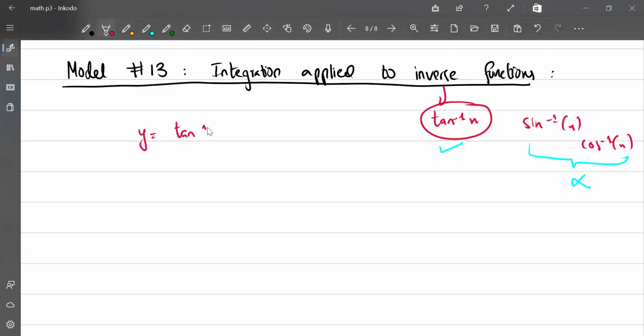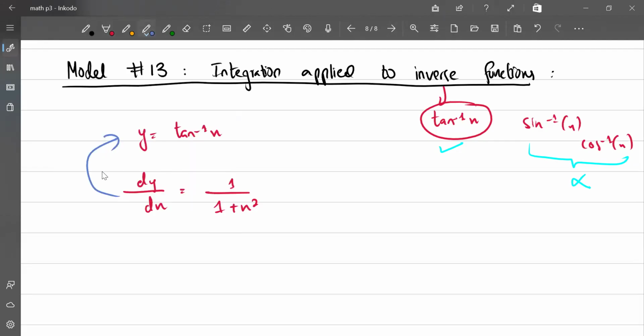We studied that when we see y equals tan inverse x, the differentiation would be dy over dx equals 1 upon 1 plus x square. Since integration is the reverse process of differentiation, the integration of this function would be this.